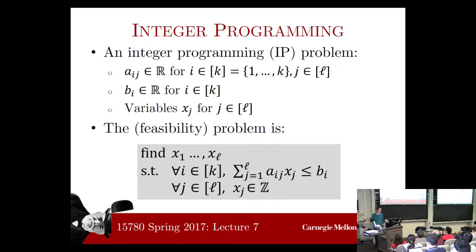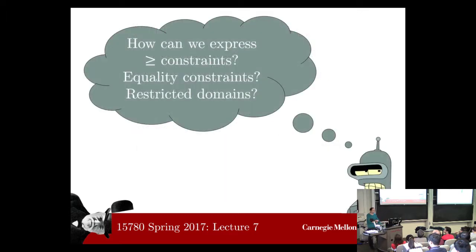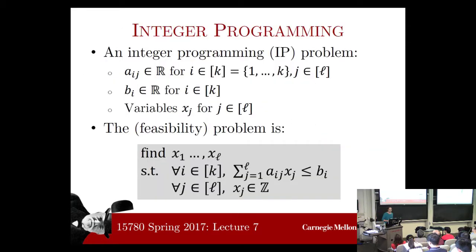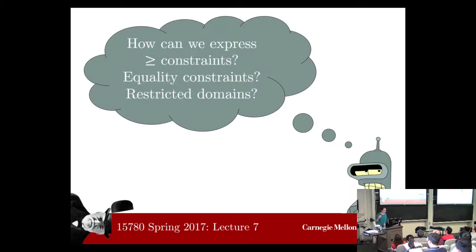Just to make sure we're on the same page, Zico also mentioned this, but this is one way to write this that has inequalities in one direction. Of course, you can use the same thing to handle a bunch of other things. For example, if you wanted to write an inequality in the other direction, you could do that by starting from that inequality and multiplying by -1. You'll get an inequality in the other direction.